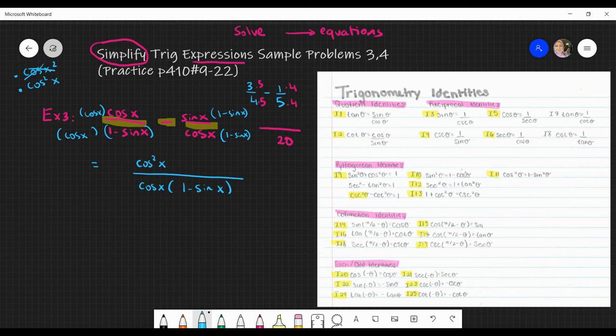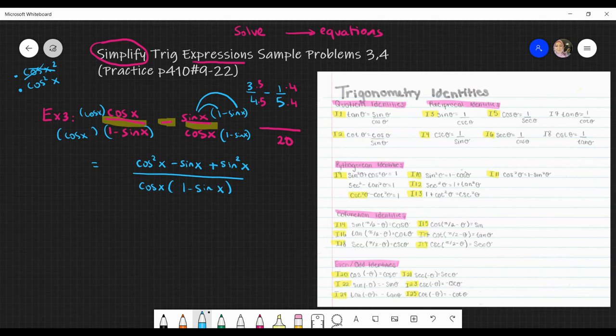Minus, we're going to have to distribute the negative sometime, so don't forget about it. Sine times 1 is equal to sine. There's a negative right here. And sine times sine is sine squared of x, but we can see that a negative multiplied by a negative will turn into a positive.